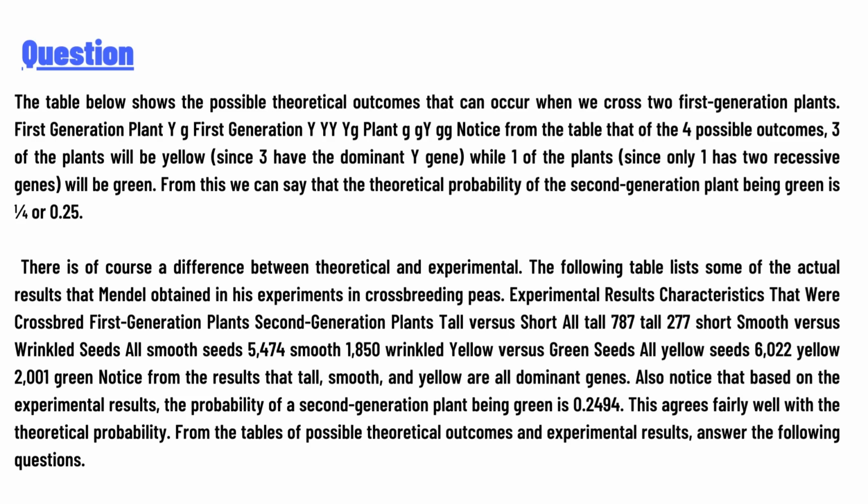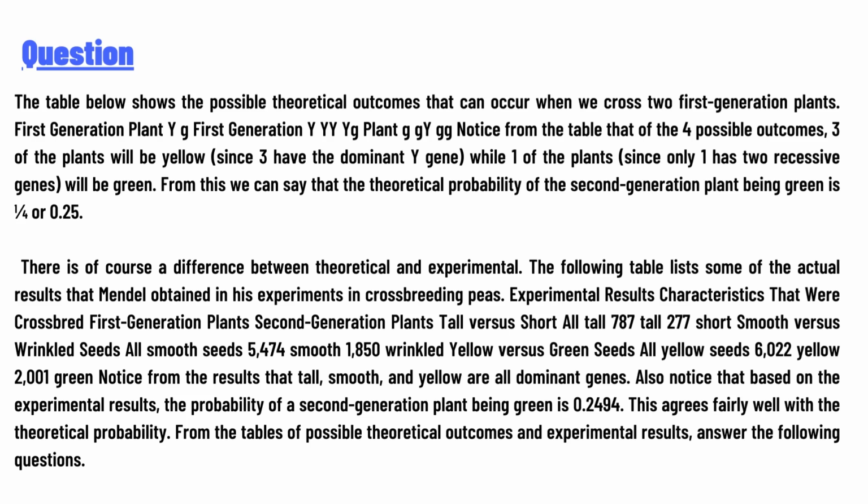There is of course a difference between theoretical and experimental. The following table lists some of the actual results that Mendel obtained in his experiment in crossbreeding peas. Experimental result: characteristics that were crossbred, first generation plant, second generation plant. Tall versus short: all tall, 77 tall, 277 short. Smooth versus wrinkled seed: all smooth seed, 5474 smooth, 1850 wrinkled.